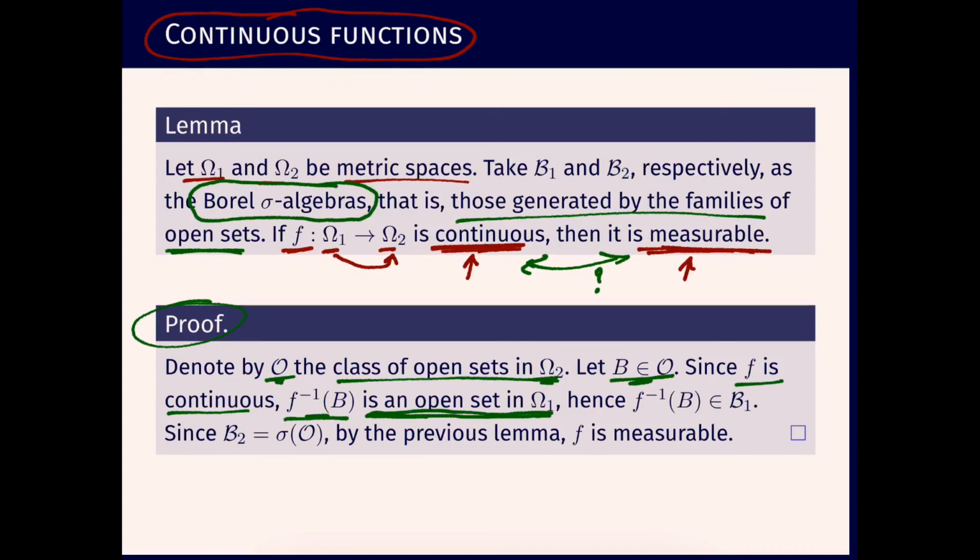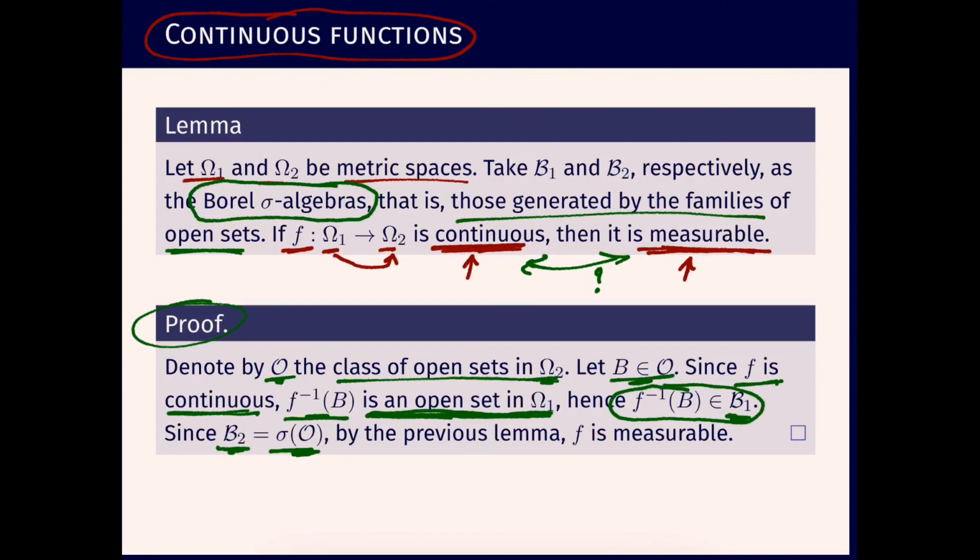This is the very definition of a function being continuous: a function is continuous if the pre-image of open sets is open. And therefore, the pre-image of B is in B1 because it's open, and B1 is the sigma algebra generated by open sets.